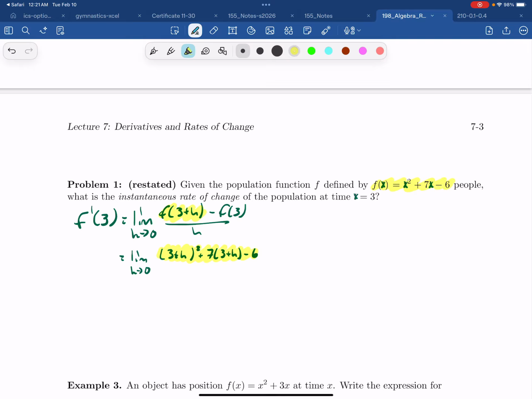Right, and I'm just going to say minus, and then plug in 3 squared plus 7 times 3 minus 6 all over h. And you see that I got this from here, right? Just plugging in x equals 3. Right. So we can simplify this out.